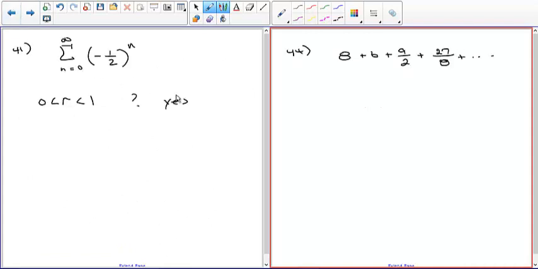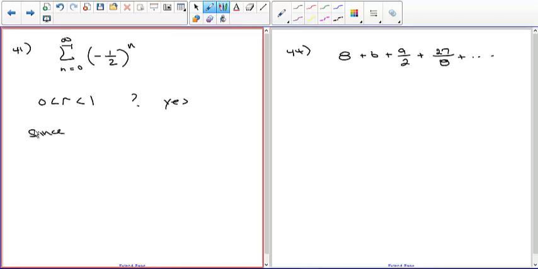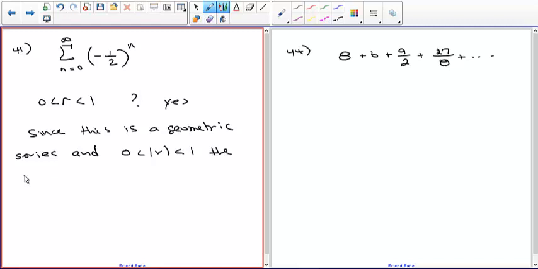So what I would say is, since this is a geometric series and the absolute value of R is between 0 and 1, the series converges.